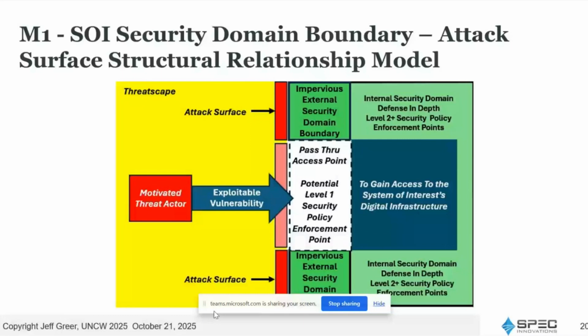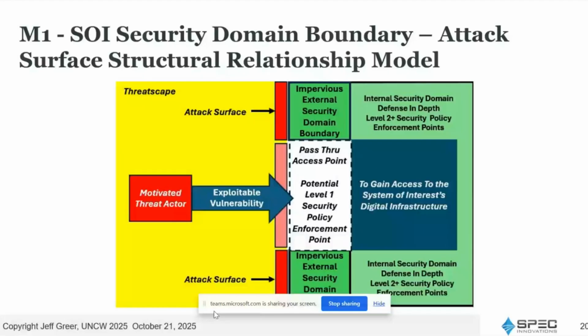when you think about the security domain boundary, that's the dark green section in the middle, the impervious external security domain boundary. And then to the outside of that boundary is where your attack surface is located. And then out there in what we call the threatscape, that's where your motivated threat actors reside.